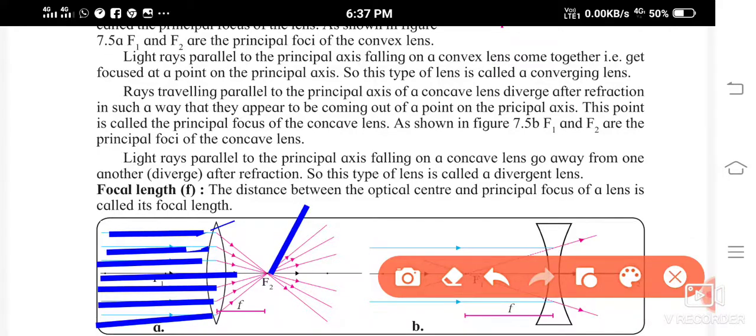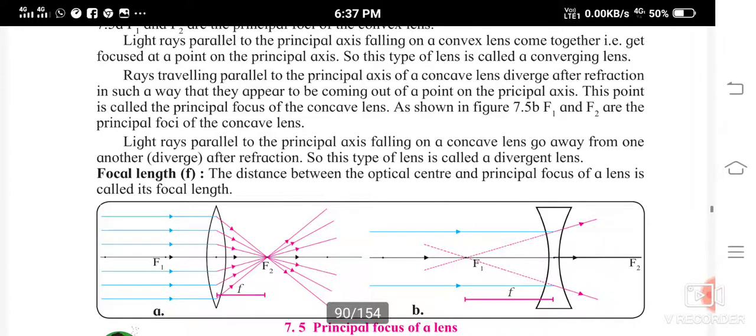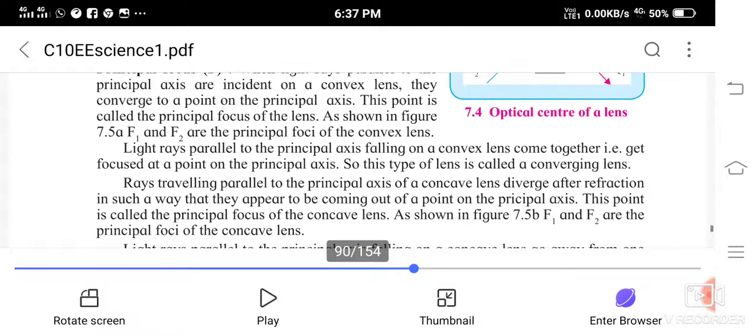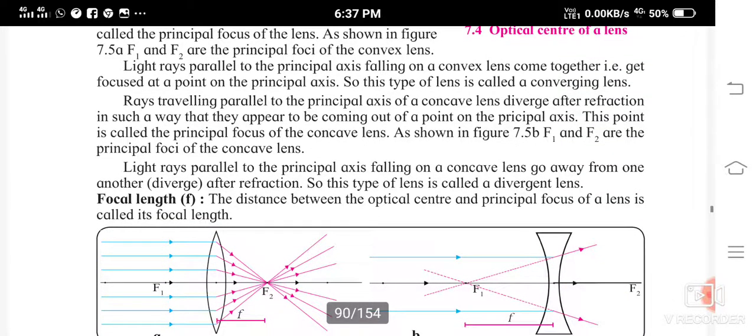That is called the principal focus. F1 and F2 are the principal foci of the convex lens. Light rays parallel to the principal axis falling on a convex lens come together, that is, are focused at a point on the principal axis. So this type of lens is called a converging lens.